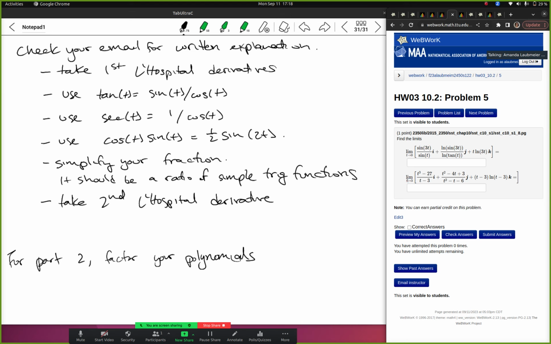So usually you want to be able to factor out a t minus 3. So you're going to check for those factors in the numerator to cancel them out with the denominator.